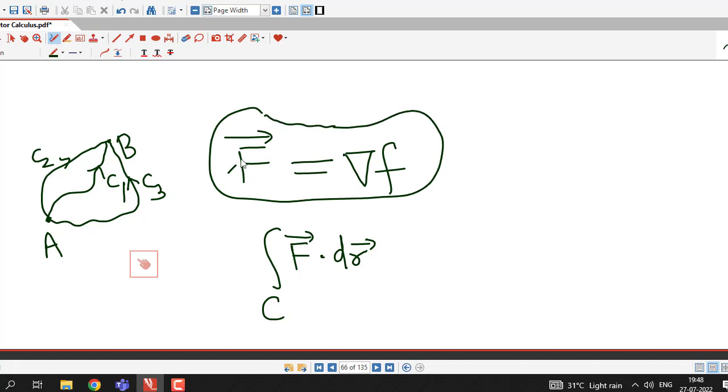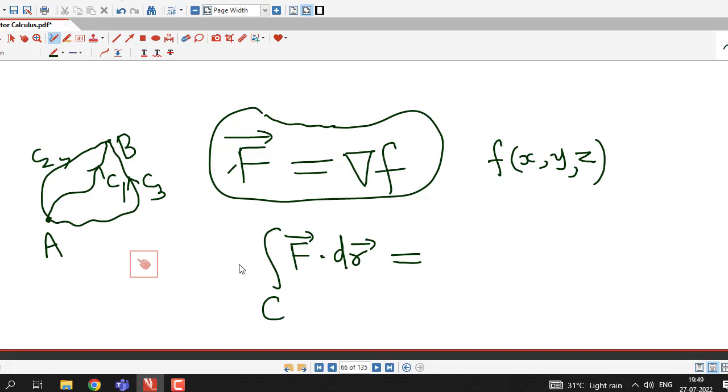And if we have a conservative vector field, then F bar can be written as the gradient of some scalar function, say f of x, y, z.